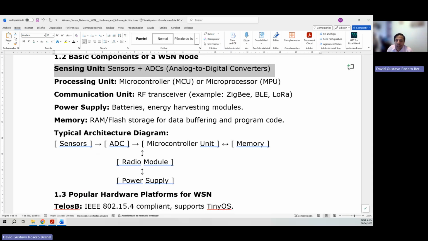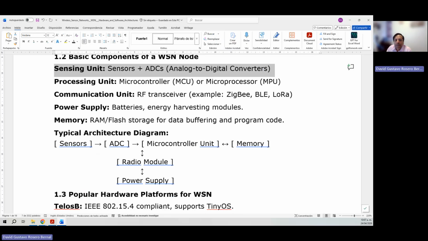Following, we have the communication unit. In this case, we can have radio modules such as IEEE 802.15.4 compliant transceivers, like the CC2420.